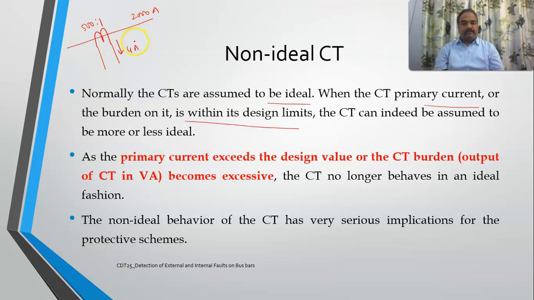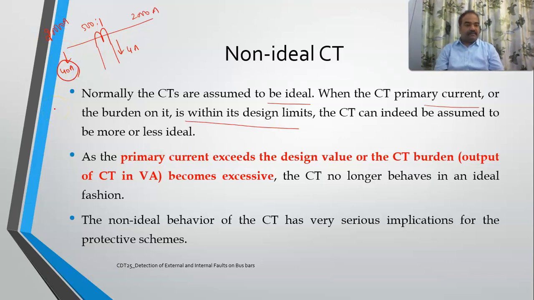So if the burden is within the limits, then automatically it will be working as an ideal one. Now, if the primary current exceeds the design value of the CT burden, let us suppose the current is too large, maybe it is 20,000 amperes. So what will be the current? It will be 40 amperes.